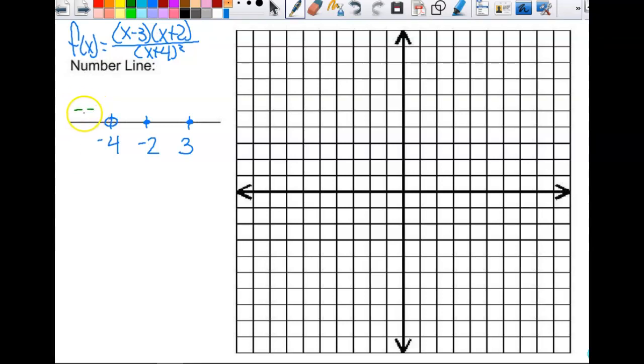The denominator is going to be positive no matter what because we're squaring it. And then that's positive overall. If I use a -3, that would give me negative, positive. That's positive overall. Then I can use 0, so I'll have negative, positive. It's negative overall. Use 4, that'll give me positive.